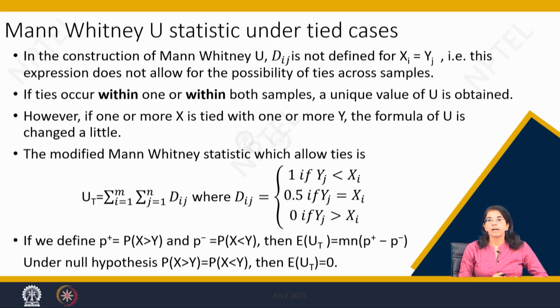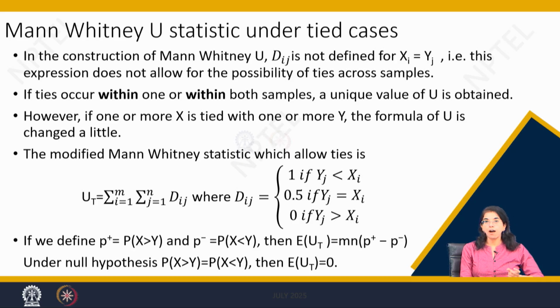On this note, you have to redefine the probability of X greater than Y as P plus, and P minus as the probability of X less than Y. Earlier it was just a single probability P, the probability of X greater than Y, if you remember correctly. But now we are splitting the probability into two parts, P plus and P minus. That means there is also a probability for X equal to Y.